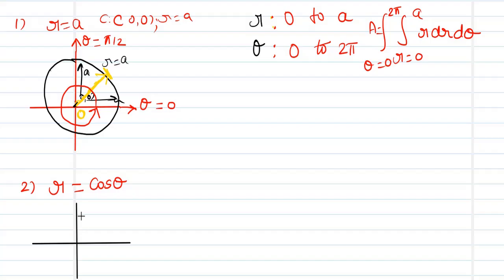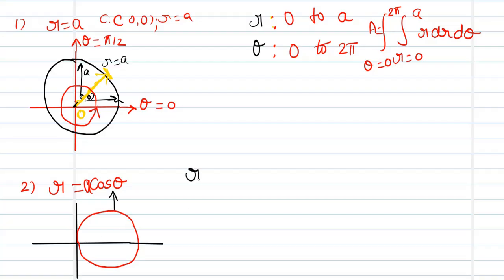Then the curve r is equal to, I have missed this a, we will add it, r is equal to a cos theta. r equal to a cos theta is going to be a circle of this kind. Now this circle is called r is equal to a cos theta.